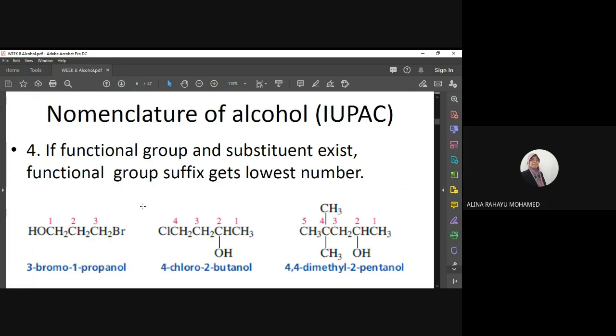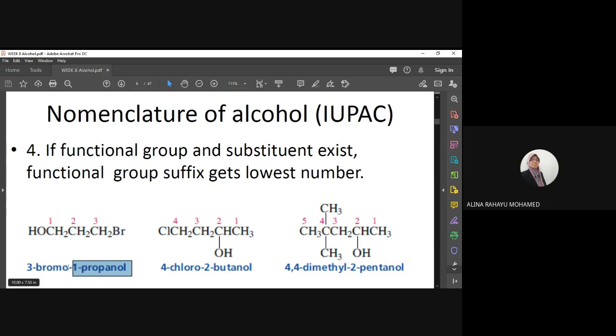If a functional group and a substituent exist, the functional group suffix gets the lowest number. Let's look at the one on the left-hand side. We have 1, 2, 3, so it is propanol, 1-propanol. OH gets the first carbon, and at carbon number 3 there is a bromine.